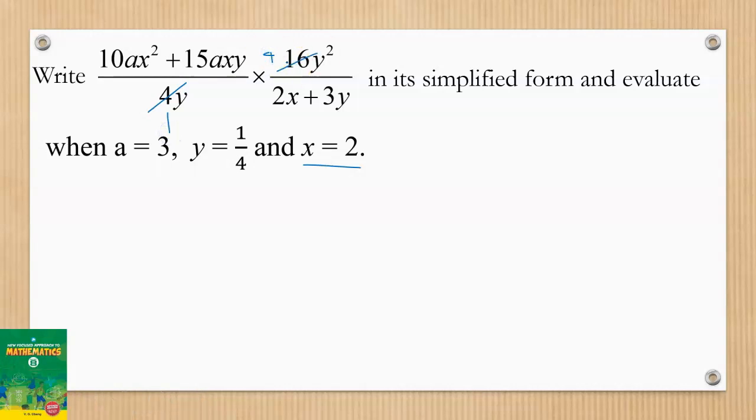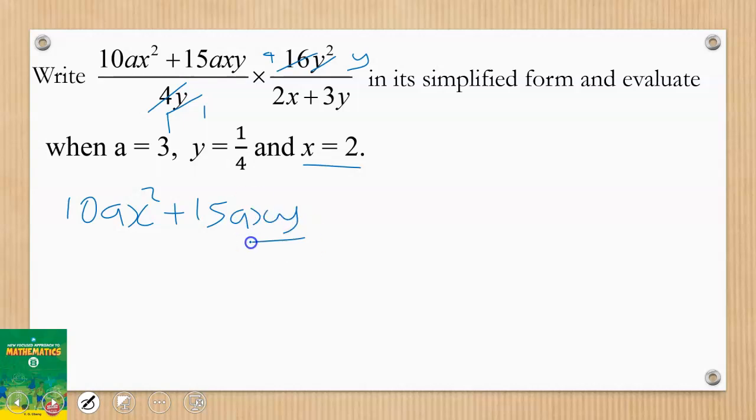One of the y can divide itself 1 and divide here with only y left. So let me just write the first step. ax squared plus 15axy, all divided by 1, because the down is gone, times the top we have 4y left, then we have 2x plus 3y.